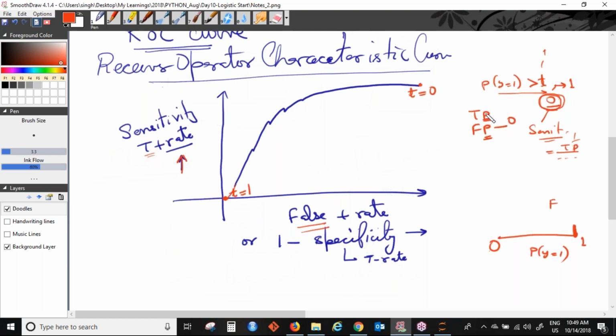It doesn't matter whether it is true positive or false positive, both will be 0. That is why you have 0 for both the x-axis and y-axis. So your error is 0, but the good quantity is also 0. So it is basically useless. You are not making any error, but you are not doing any good either.